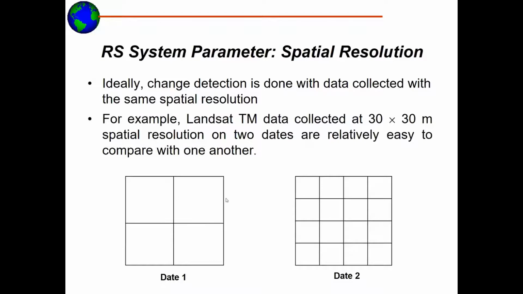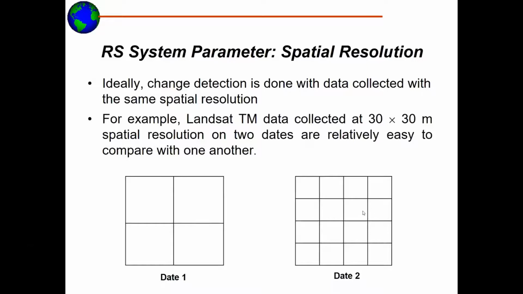In this one, we have a spatial resolution of 1 kilometer, whereas here it's 250 meters. Perhaps all of this pixel would be covered by forest, part of this would be covered by forest, and part of this would be covered by forest.